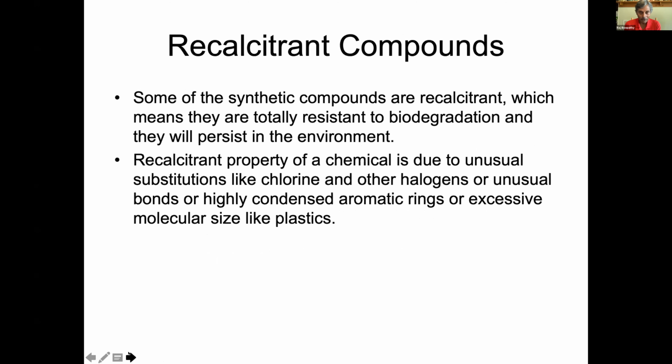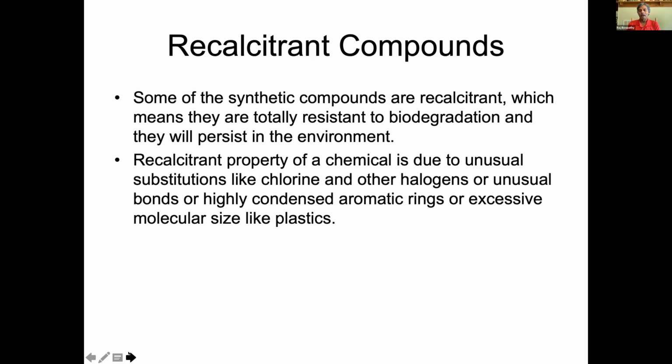Some of the compounds become recalcitrant. Recalcitrant compounds are synthetic compounds that are very, very hard to degrade. As a result, they persist in the environment for a very long time. The recalcitrant property of a compound may be because of the chemical structure itself. For example, unusual substitution, like putting a halogen such as chlorine in the organic molecule.